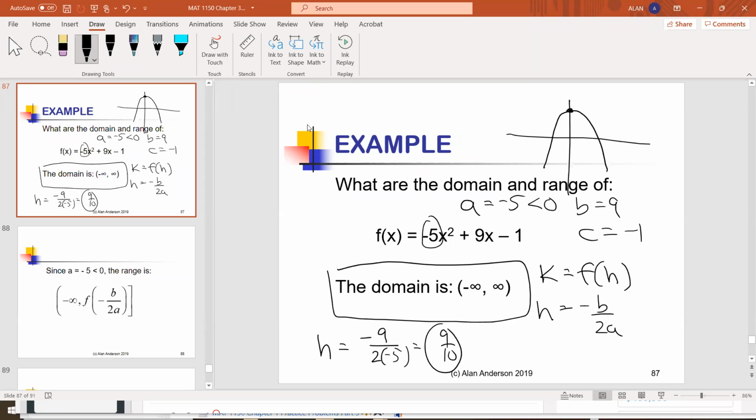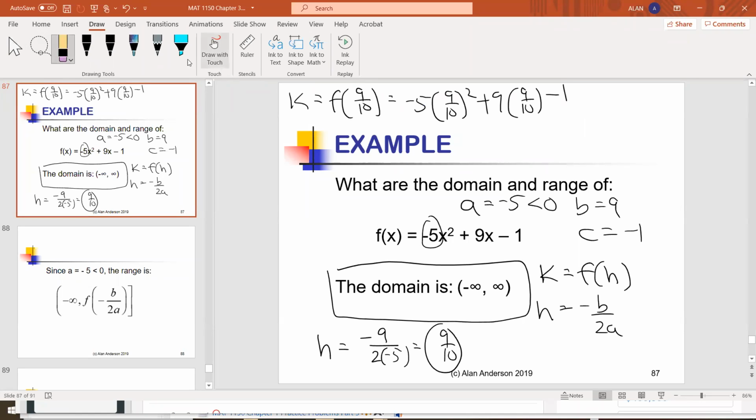So k is f of 9/10, which is minus 5 times 9/10 squared plus 9 times 9/10 minus 1. Ooh, that's a messy one. Minus 5 times 81/100 plus 81/10, minus 1.